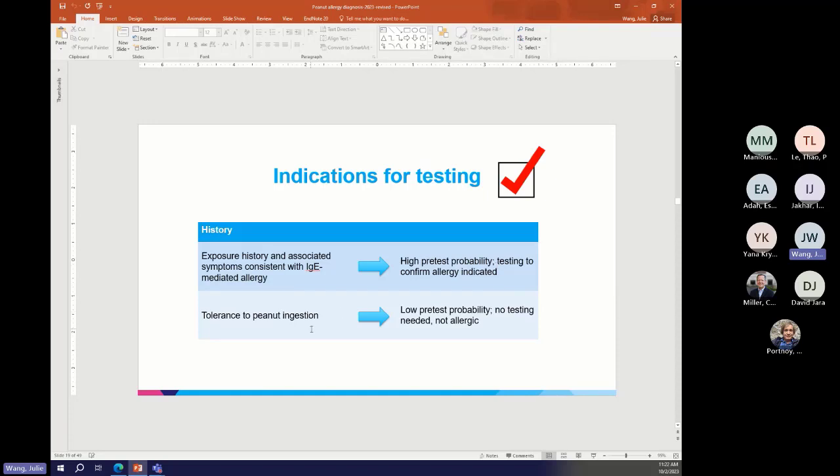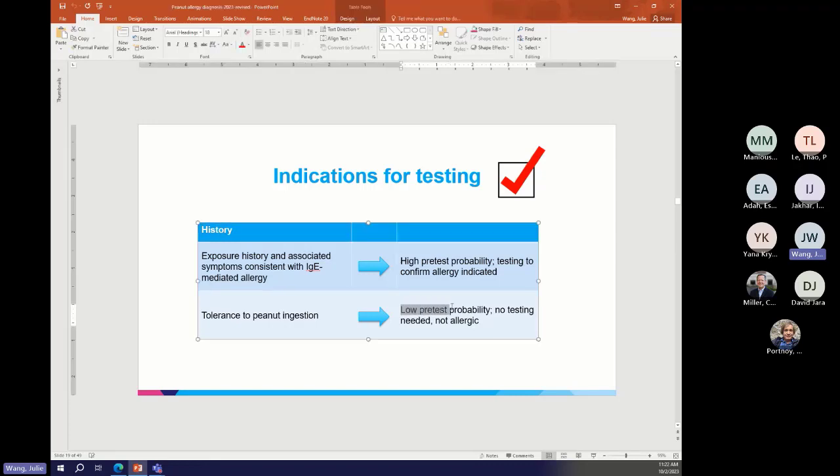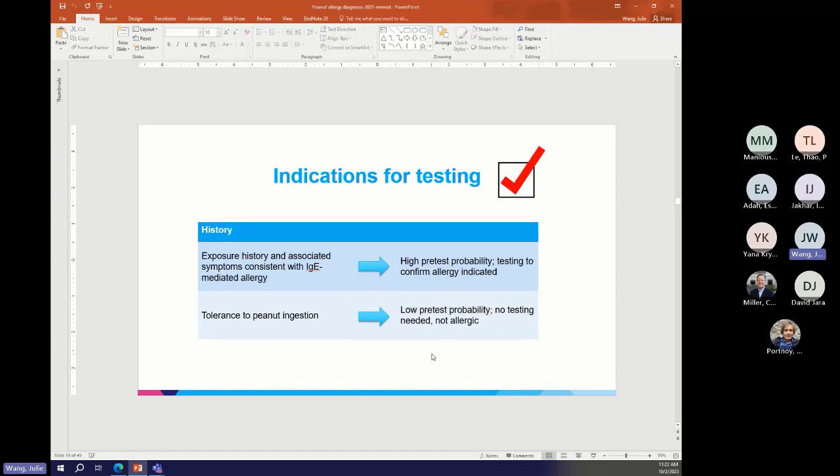On the opposite end of the spectrum, if a child has been eating peanut and they've had no issues, then the likelihood that there's allergy is very, very low. So very low pretest probability. In this situation, no testing is needed because we have enough evidence from history that the person is not, in fact, allergic.